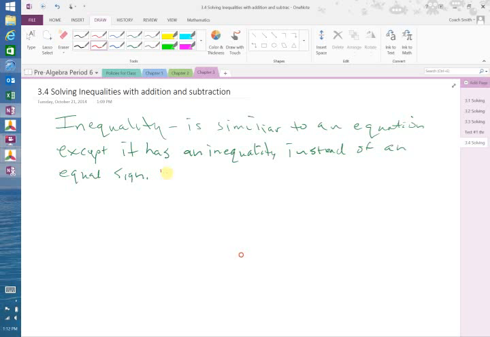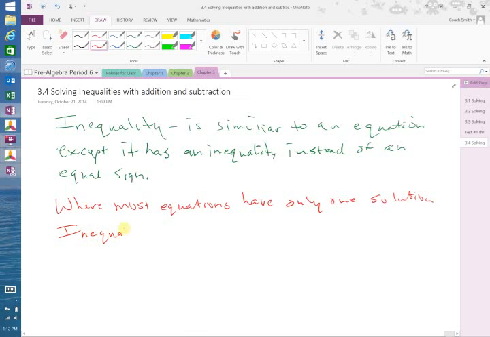Now, where most equations have only one solution, inequalities most of the time have infinite solutions.